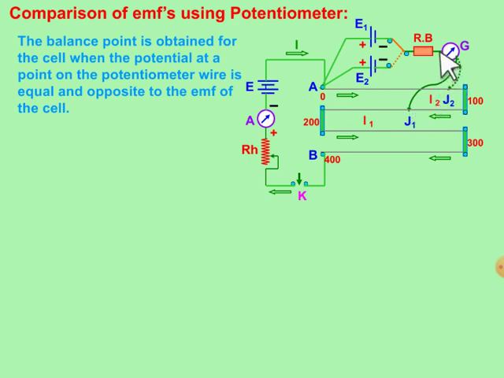When there is no deflection in the galvanometer, it means the potential at the tip of the jockey and the potential at the particular point on the potentiometer wire are the same. If their potentials are the same, then no current will be flowing. So your EMF E1 will be equal to the potential difference across these two points. Got it?